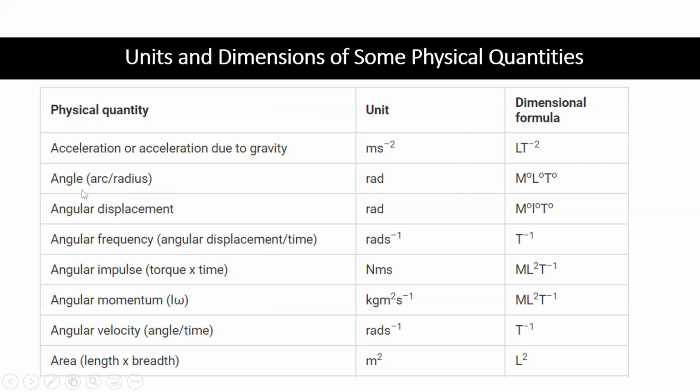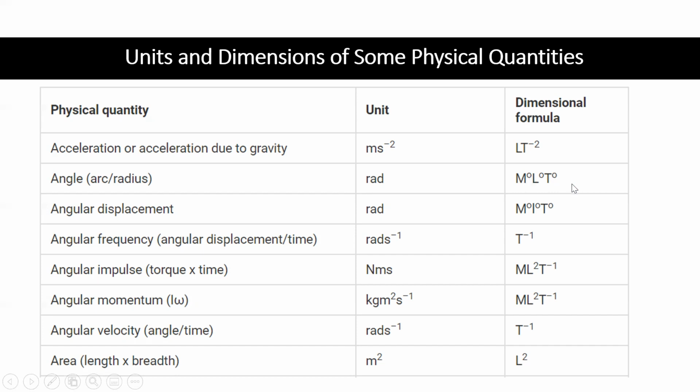Now angle. Angle is derived as arc by radius. So in SI unit, angle is equal to arc by radius. Arc is a length. Radius is also a length. So length by length, it will cancel. So it doesn't have any dimension. If there is no dimension, you will express the dimensional formula as M raised to 0, L raised to 0, T raised to 0.